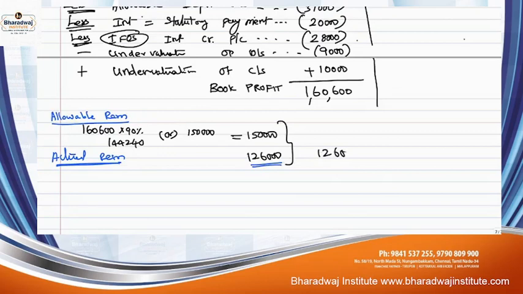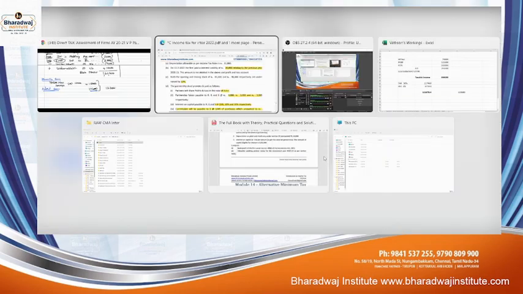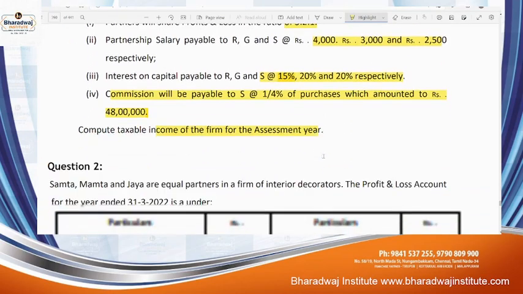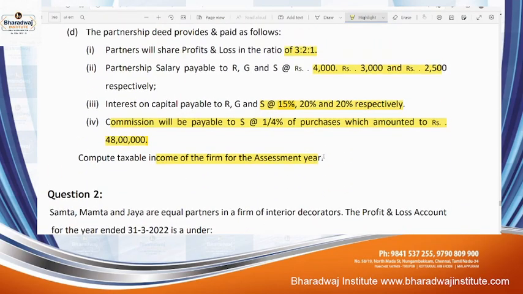Maximum allowed is 1,50,000, but we paid actual 1,26,000. That can be claimed as an expense. When you reduce this, you will get PGBP, which is what is debited in the P&L account.